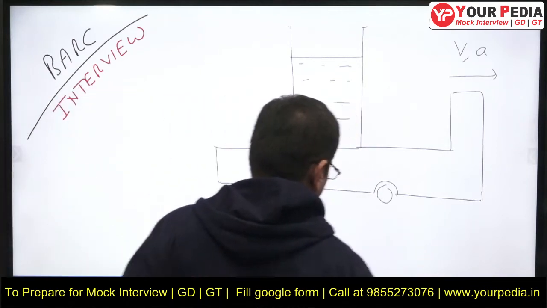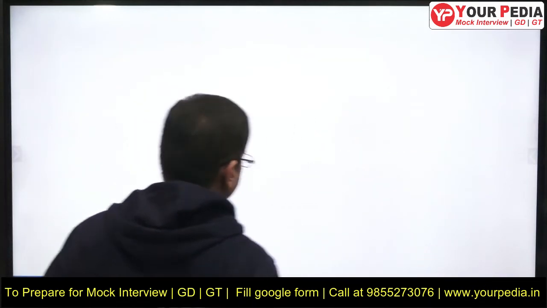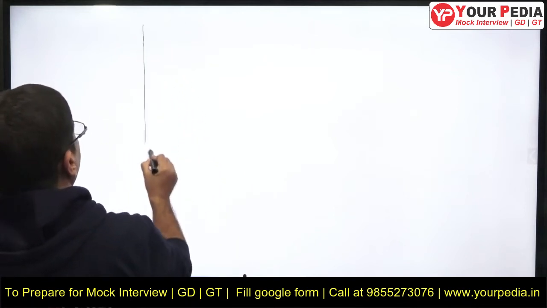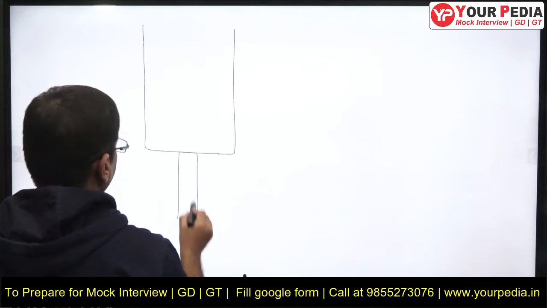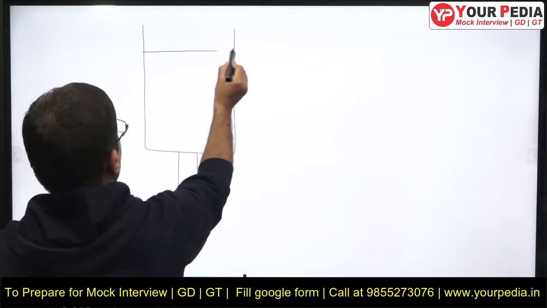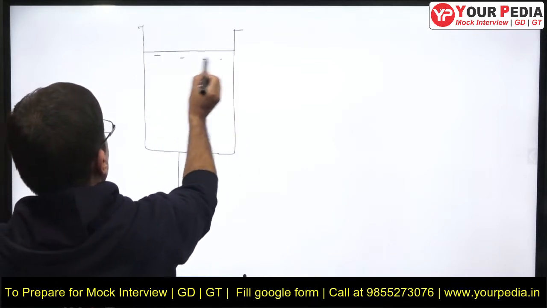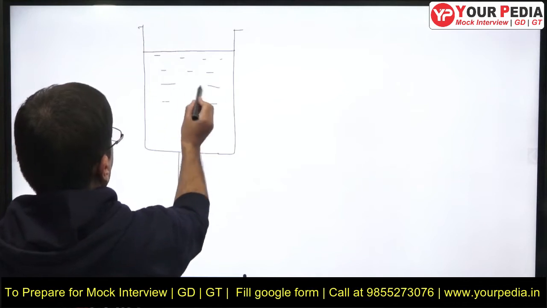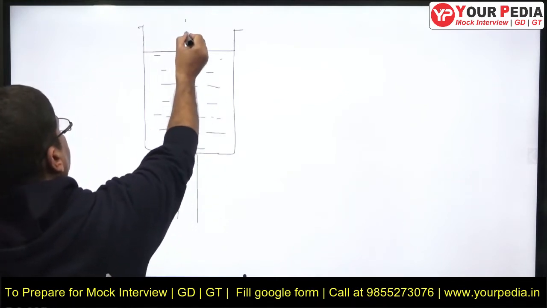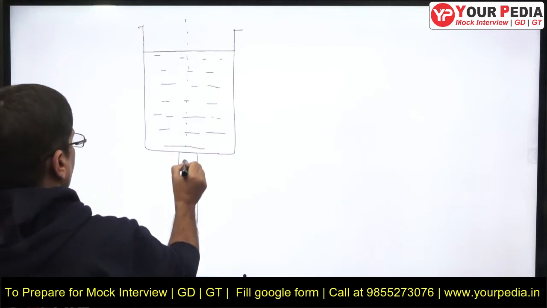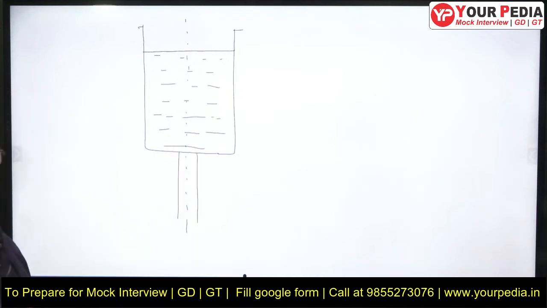Second question asked was related to this only. Now I give you a cylinder, and we keep the liquid inside this cylinder. This cylinder has a provision that I can rotate it about its axis.